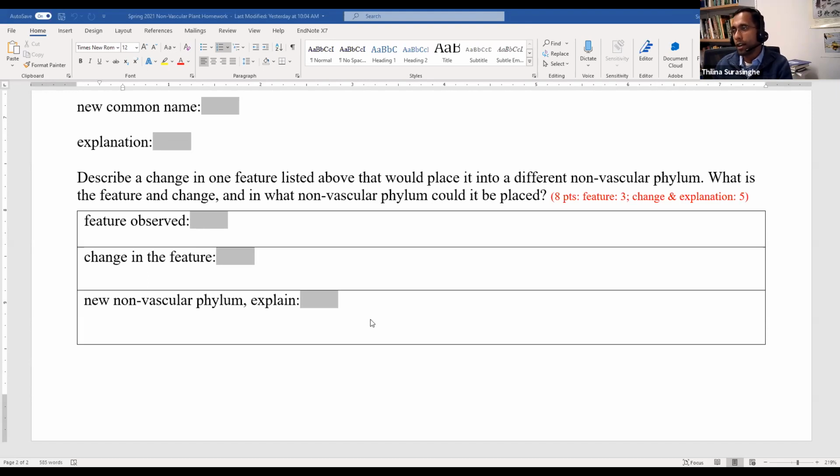Let's go back to the example that I gave you. If earlier you considered this mystery example as a liverwort, a hepatophyte, what additional feature would change its phylum? Let's say hypothetically this mystery species has stomata on the sporophyte.